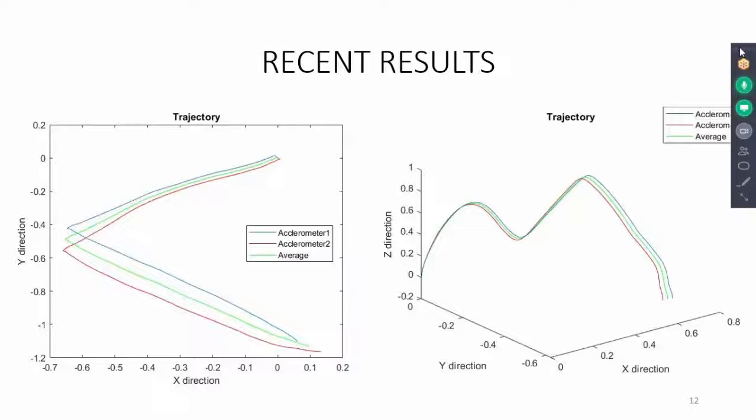X lies on a diagonal of a square with peak at equal 0.6 meter. The errors in the peak directions was around 10 centimeter and in the y direction was slightly higher than 5 centimeter.